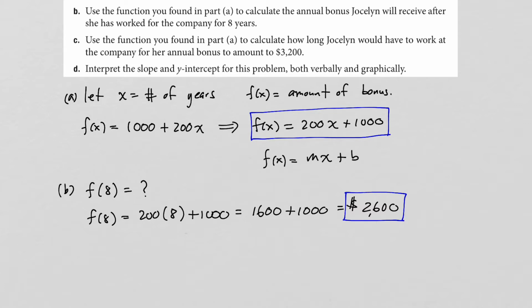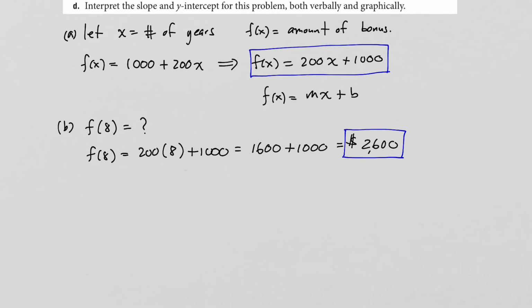In the next part, it says use the function that you found to calculate how long Jocelyn would have to work at the company for her annual bonus to be $3,200. So what they're asking for in part C is, her bonus is going to be $3,200. The question is, how long will she have to work?